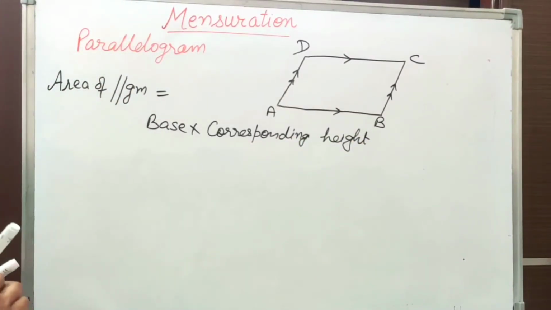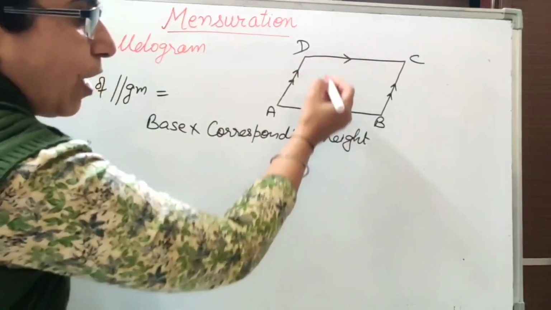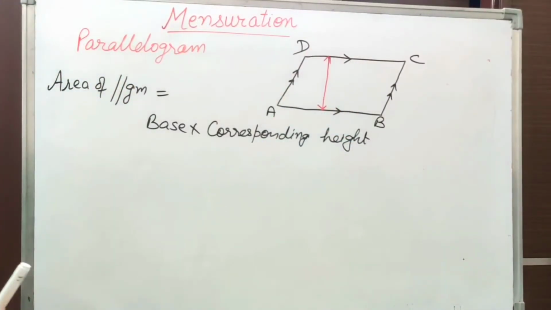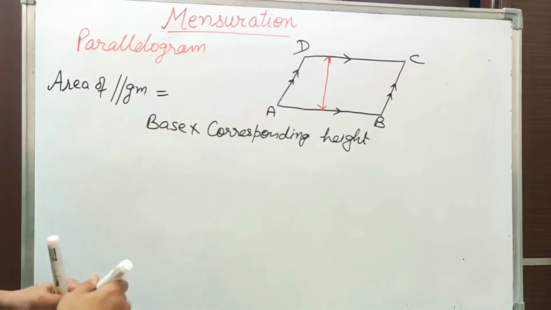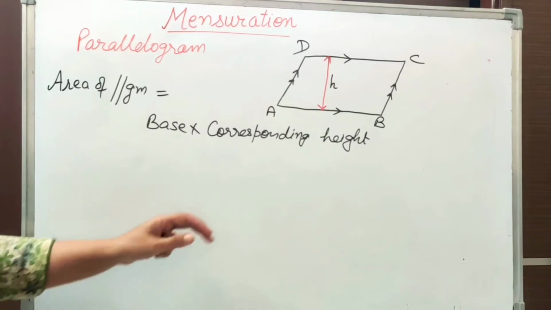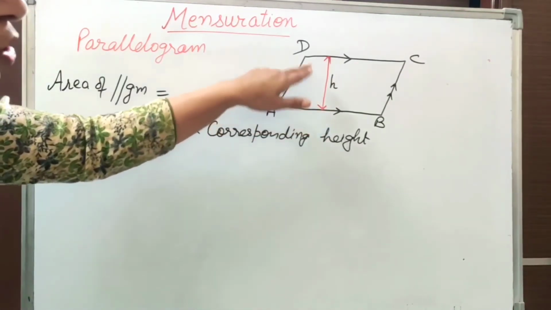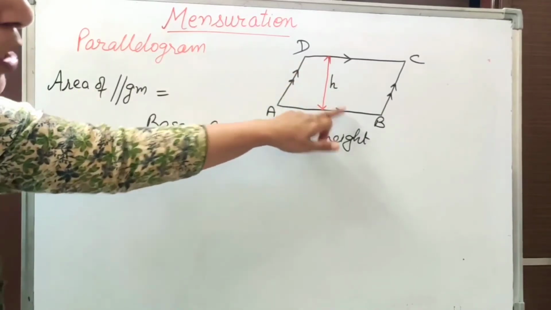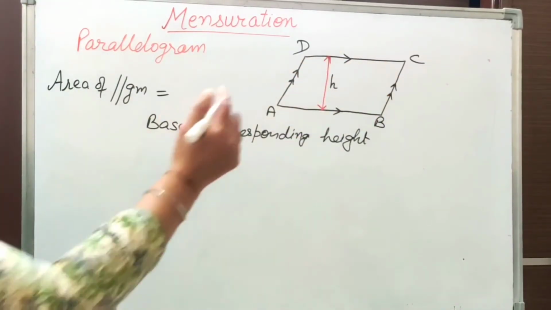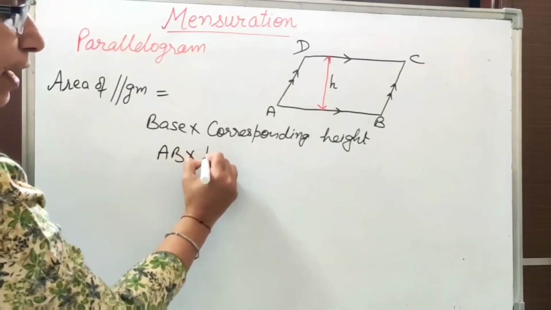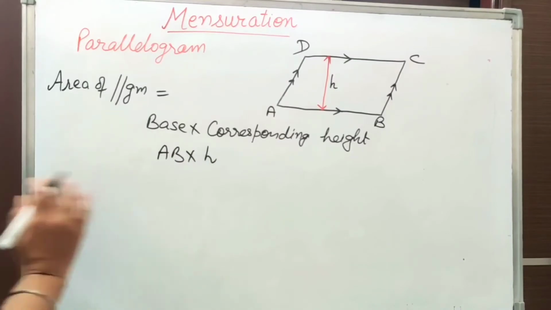So again, if height is given like this, the distance between these two parallel lines AB and DC, then height is h, and you can take base as AB or you can take DC, because this height stands on AB as well as on DC. So in this case, area will be AB multiply h.